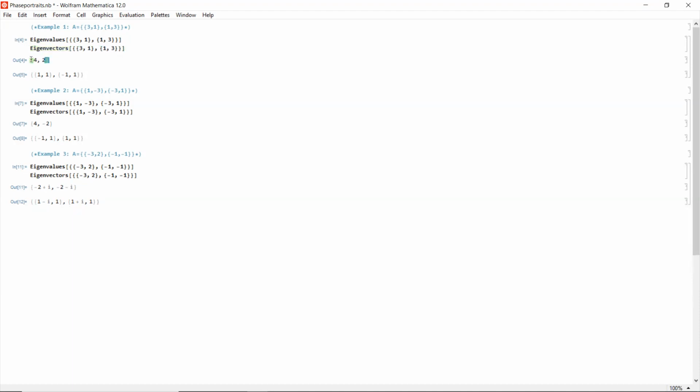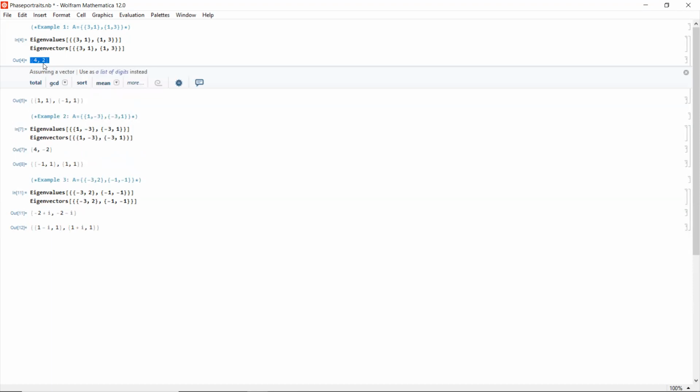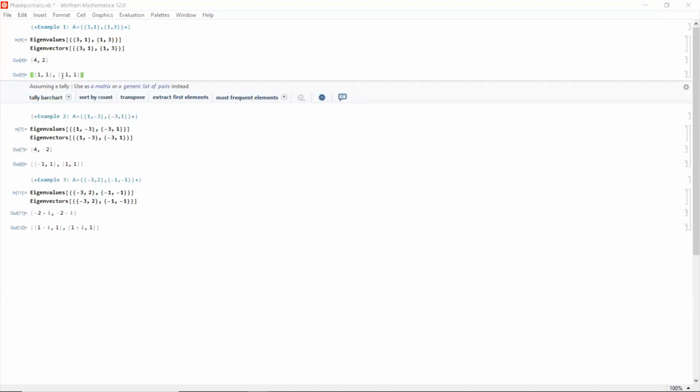So we get 4, 2. The eigenvalues are both positive and real, and the eigenvectors are 1, 1 and minus 1, 1. In this case, we really had a symmetric matrix. That's why we expect eigenvectors which are perpendicular, and they really are.